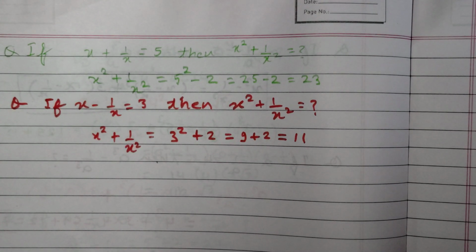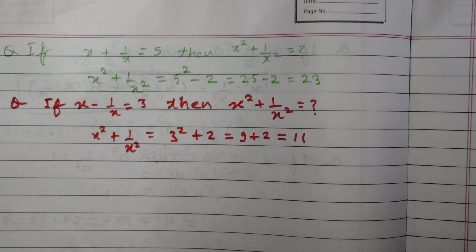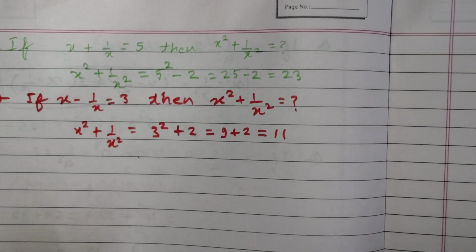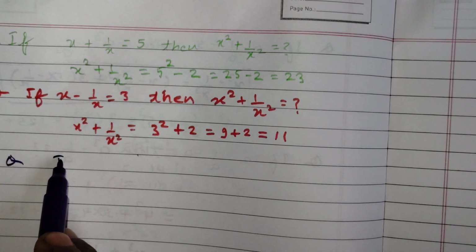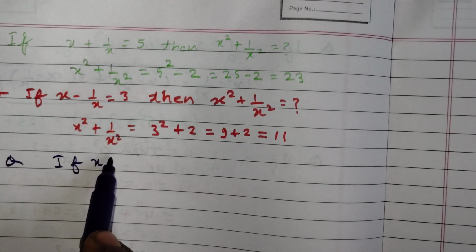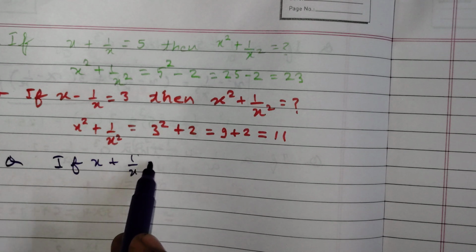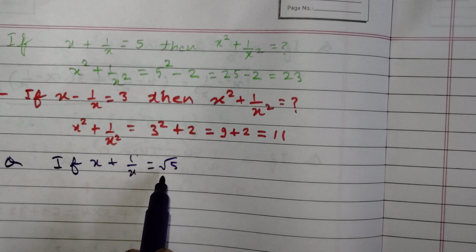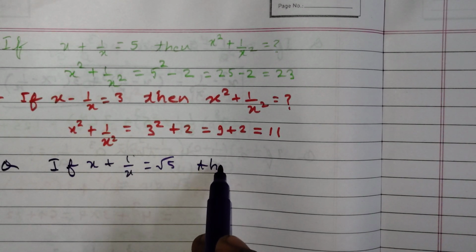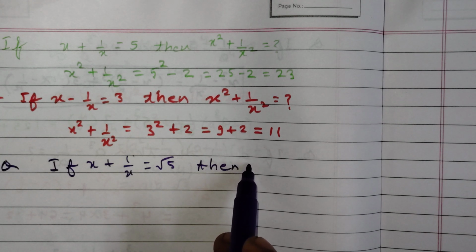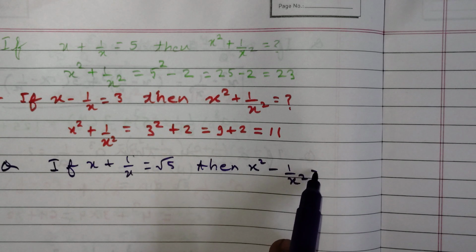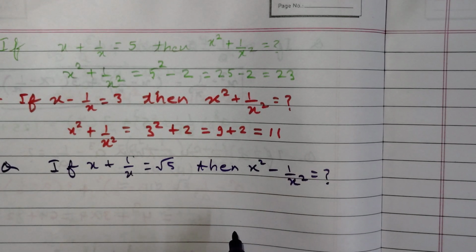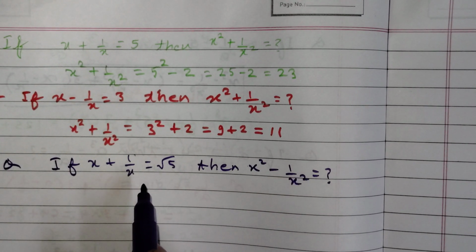The next question is, if x plus 1 upon x is square root 5, then find out x square minus 1 upon x square. So there is given x plus 1 upon x.